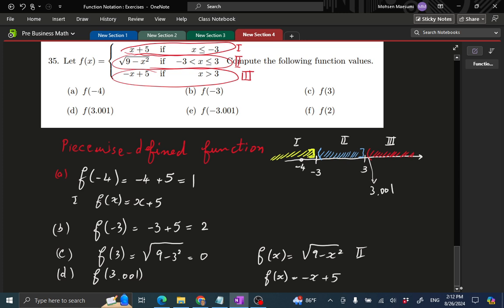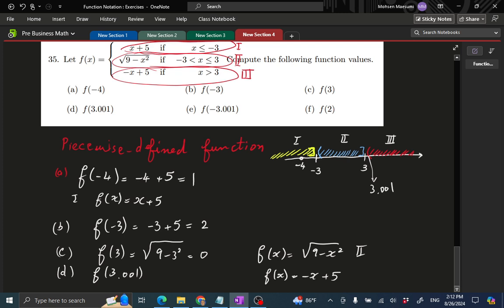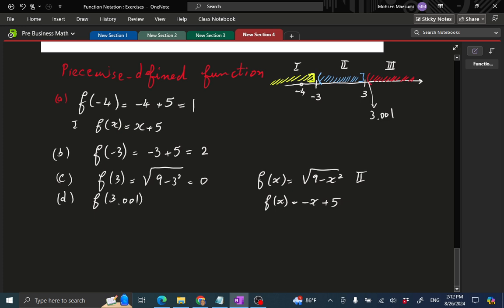In the red region, for x larger than 3, we have crossed the red line. So it's minus 3.001 plus 5. Well, what's that? 1.999. Notice that we moved a tiny bit from 3, and our answer is very different.